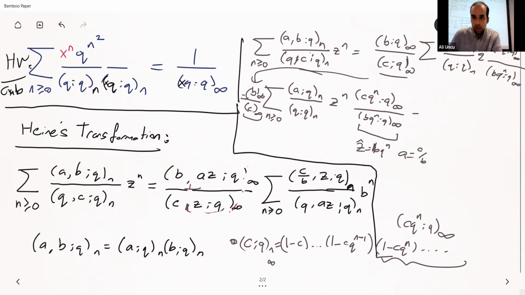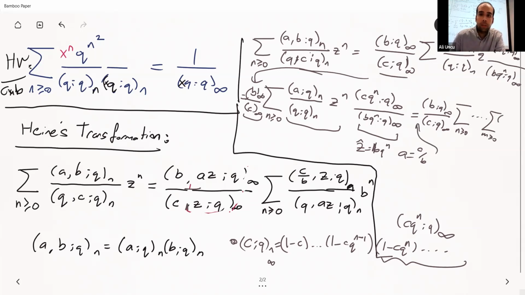So we write this thing as a double sum now. The front factor (b; q)∞ divided by (c; q)∞. We have the first sum, n greater than or equal to 0. I will copy it onto the next page. So the things on the inside are the same, so this portion stays the same. Now I have a second sum in m where we write this q-binomial theorem.